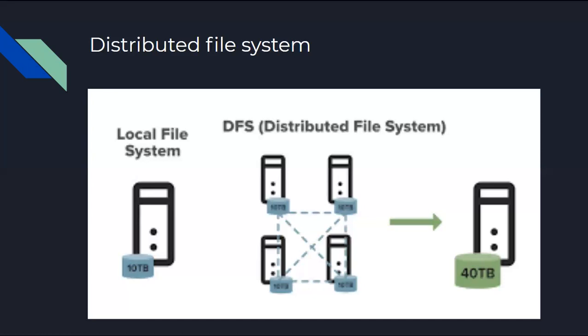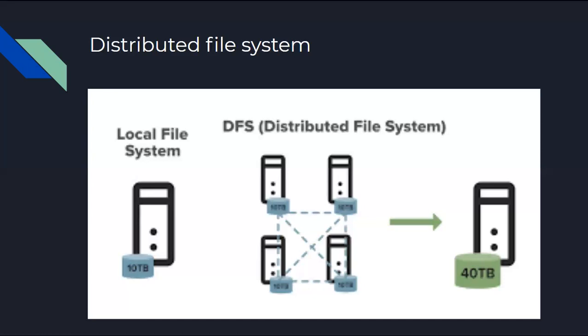So let's talk about the distributed file system. A distributed file system has data distributed over multiple servers, multiple storage units. So here you see you have 40 terabytes of data, right? Instead of sitting in one place, we're going to have four storage units, each of 10 terabytes of data.